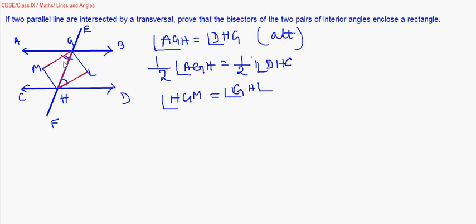When these two lines are parallel, that makes MGLH a parallelogram. So we have now proved GMHL is a parallelogram because the alternate angles are equal.